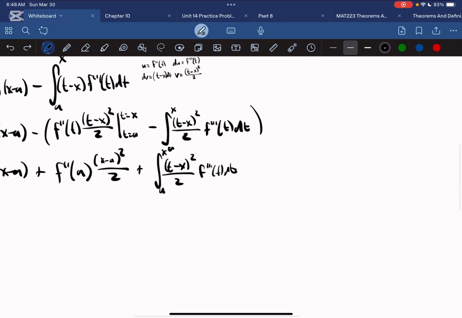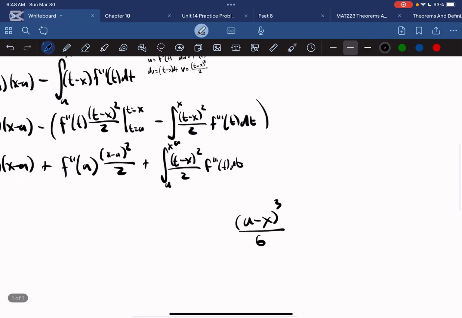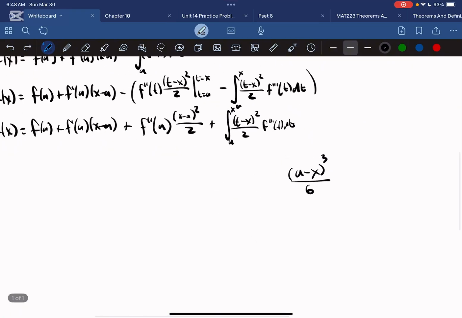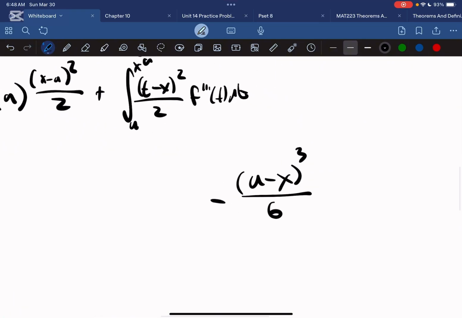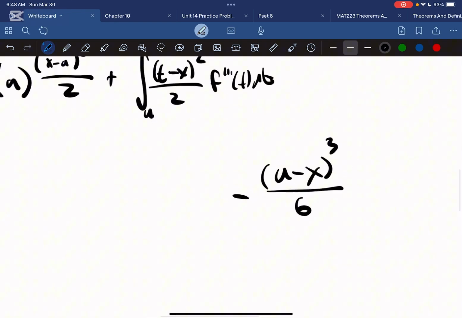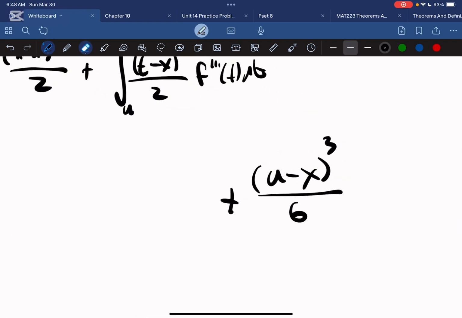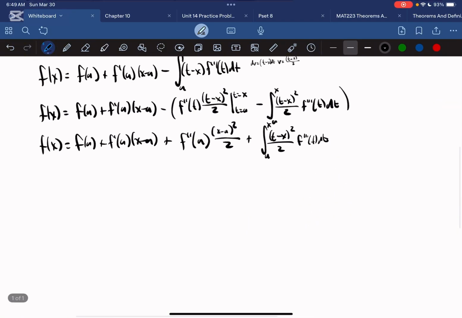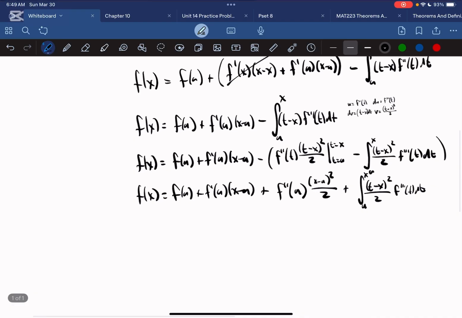If you integrate this again, you'll have a minus x to the 3 over 6, right? And here you can't actually switch the negative signs, but that's okay because you'll end up having this being subtracted. And so when you change it to a plus, you can change these signs again. You can do the integration to see for yourself if you're curious, but if you can take my word for it, you can do that.